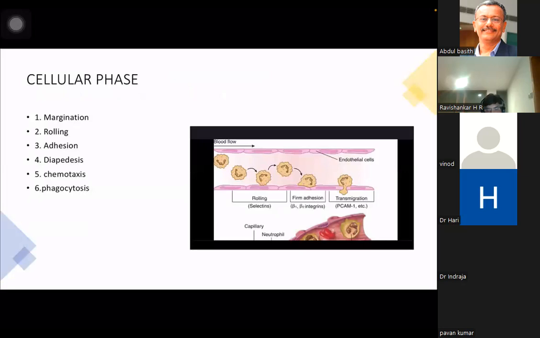The cellular phase contains margination, rolling, adhesion, diapedesis, chemotaxis, and phagocytosis.